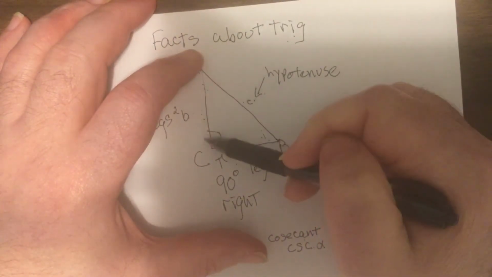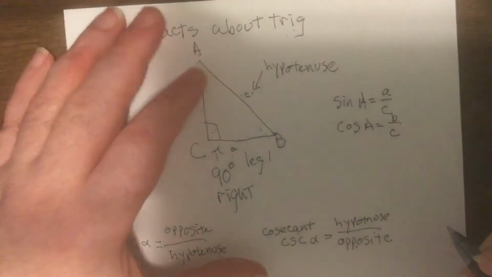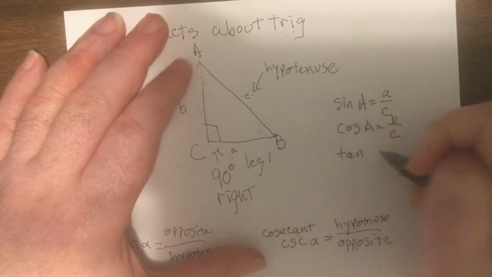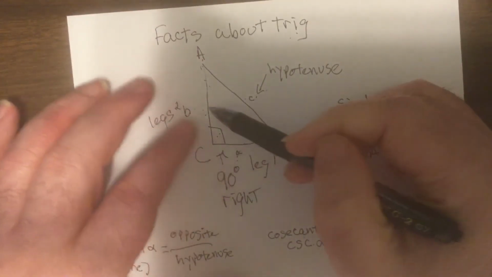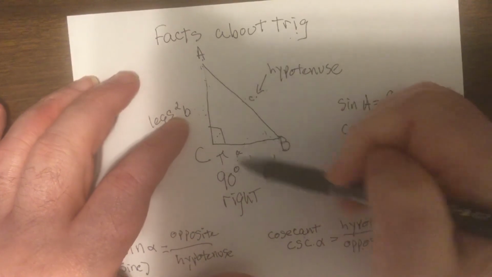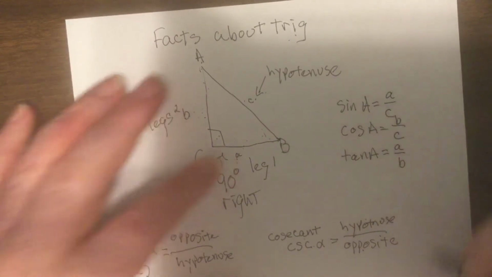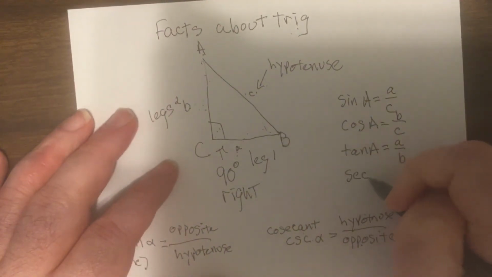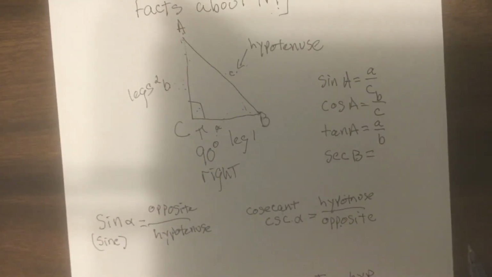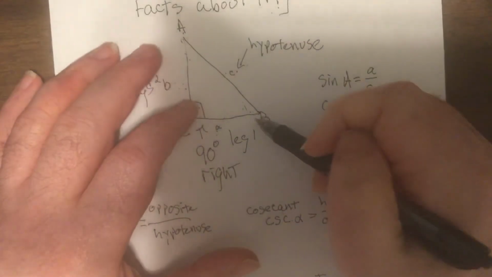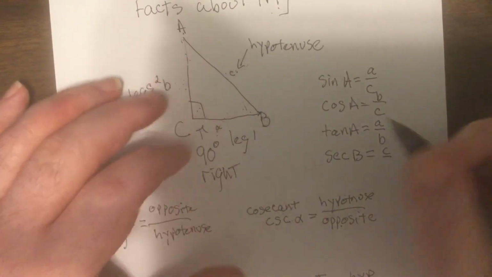Adjacent is the side touching it, over hypotenuse, which is C. Then tangent of A would be opposite A over adjacent B. Side opposite, side touching. What's the secant of B? Well, you could find cosine of B and take the reciprocal if you think that's easier. Or you could say secant is hypotenuse, C, over adjacent A.